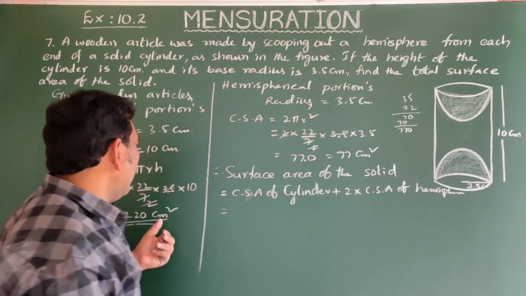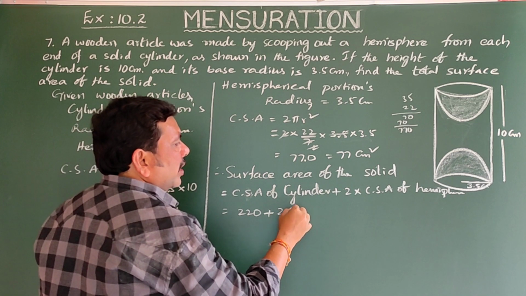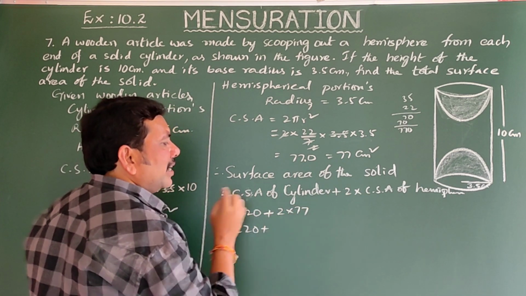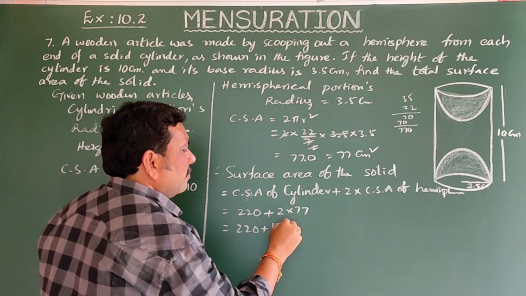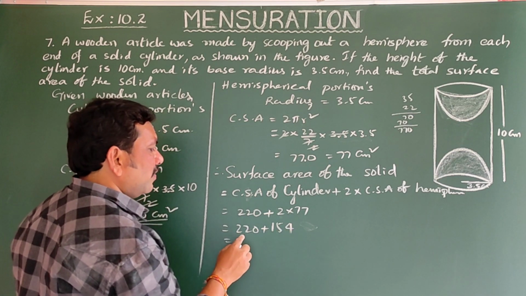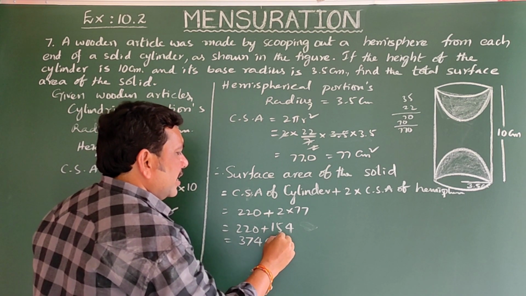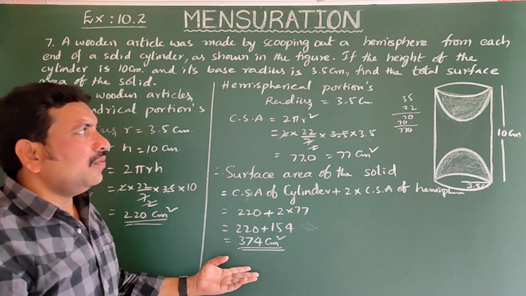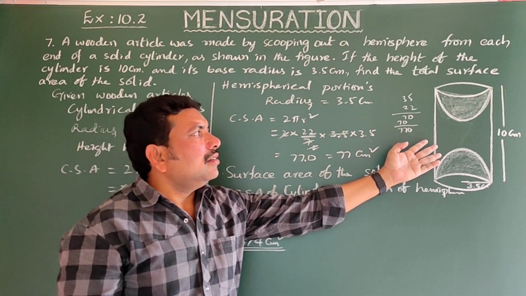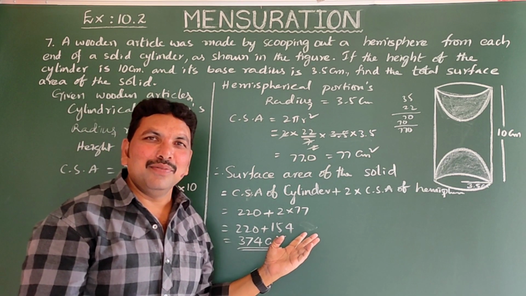That is, CSA of cylinder is 220 centimeter square plus 2 into 77. So 2 times 77 is 154. So finally, how much did you get? 220 plus 154 is 374 centimeter square. So the surface area of the wooden solid is equal to 374 centimeter square.